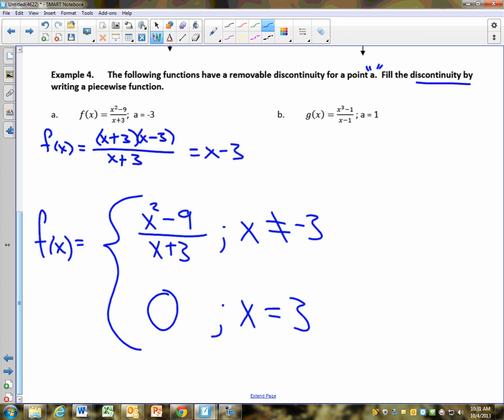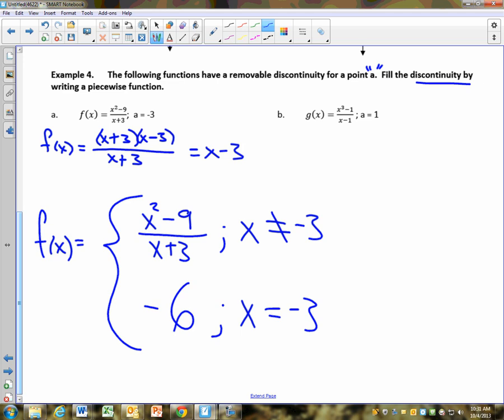Oh! I'm sorry. Off my game day. We're approaching negative 3. Negative 3. So what is the value of your function at this spot? Negative 6.